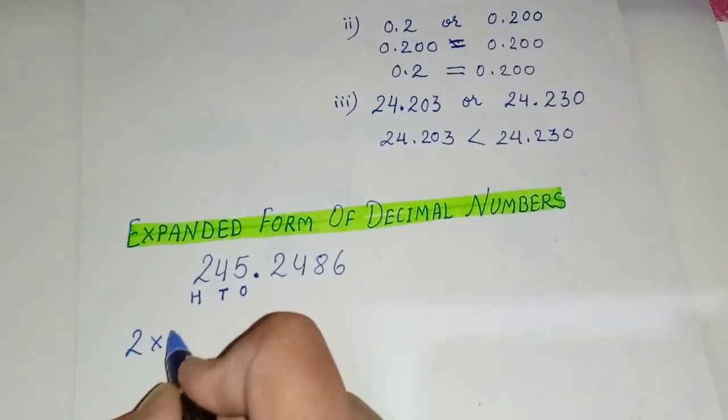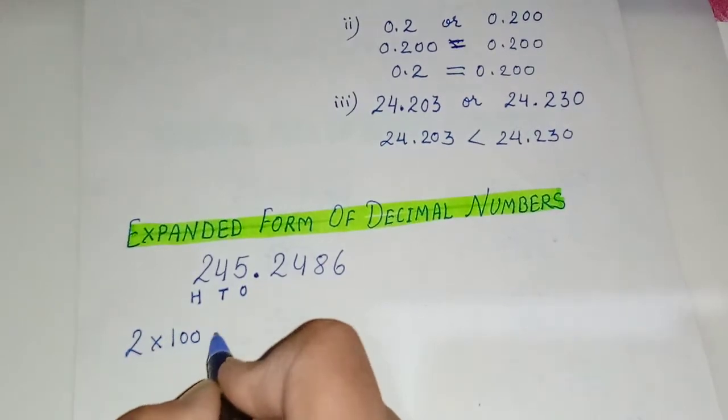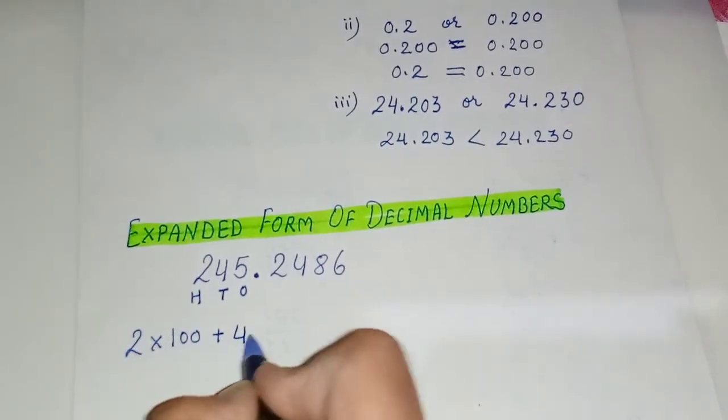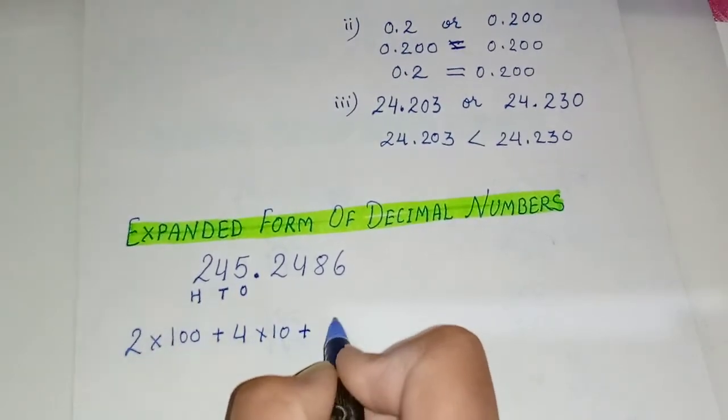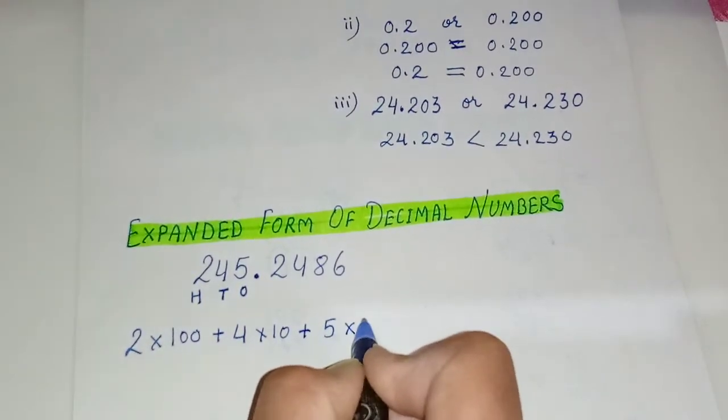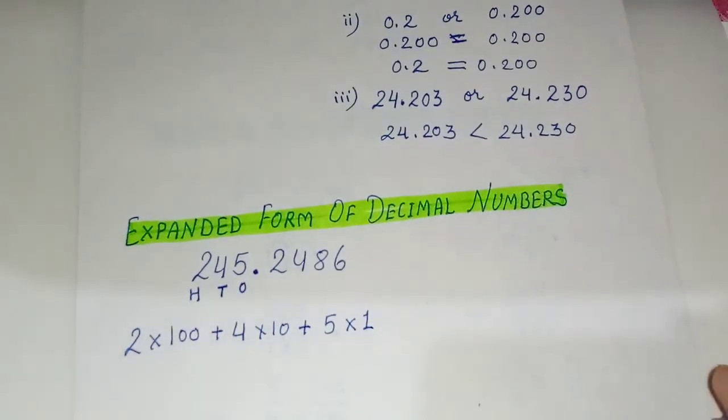So according to hundreds, tens, ones, we will write it in this way only, as we always do. 2 is at the hundreds place, plus 4 is at the tens place, plus 5 at the ones place. This we have written in expanded form.